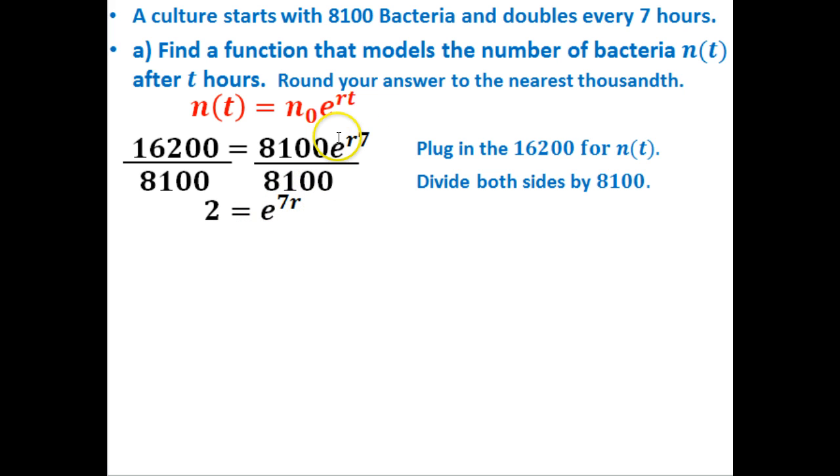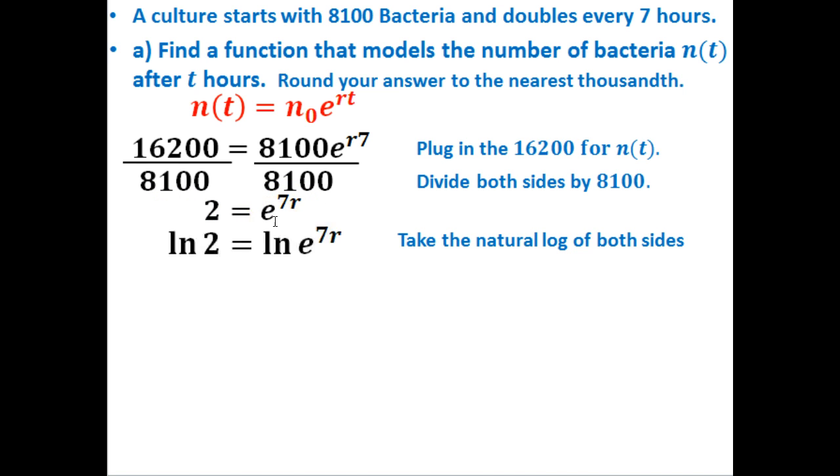Notice I moved that 7 in front. In mathematics, we're used to seeing it as a coefficient, a number in front, so we just moved it in front. It's r times 7 here, and this is 7 times r. It doesn't change its value. Now that we have this, we need to take the natural log of both sides. The reason is I'm trying to get r out of this exponent, and I know that if I take the natural log of both sides, it will cancel this e out.